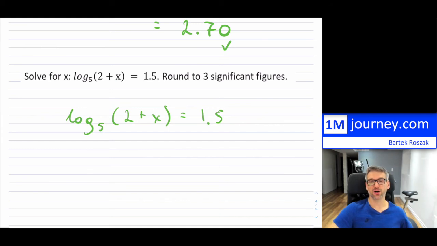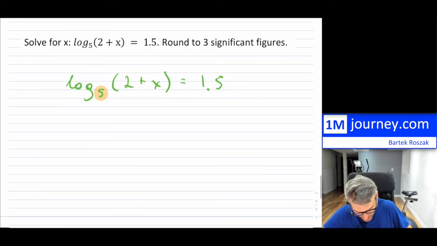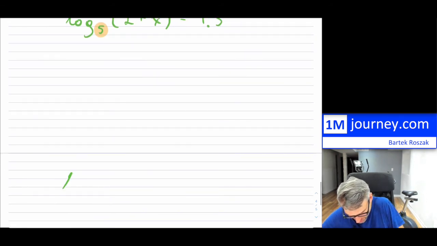In order to solve this, notice I have a log, and I'm going to have to use a property. This right here is my base, so I'm going to raise everything to my base. This is the property you may or may not remember, so I'm going to write it here at the bottom as a refresher.